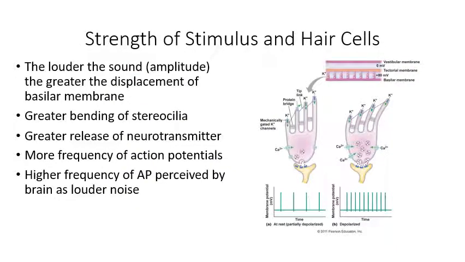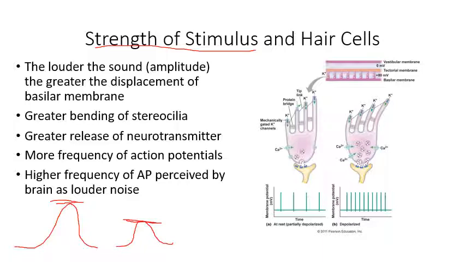Now let's see how strength of stimulus is coded in these hair cells. The loudness. Say I talk like this, and I'm sure this worked better in class because I jolted you guys up in class, but I might have an amplitude of this. And then when I talk real quietly, I might have an amplitude such as this height.